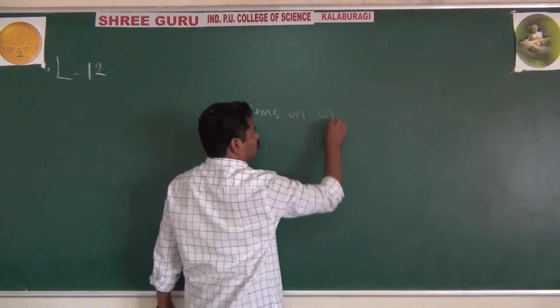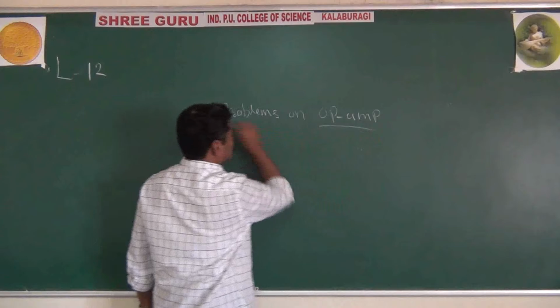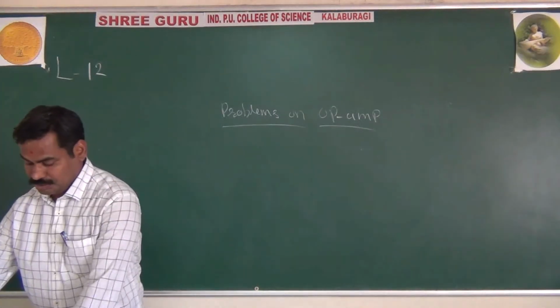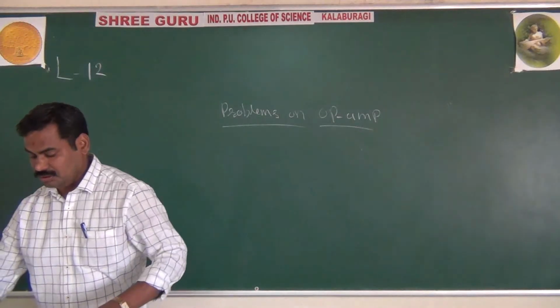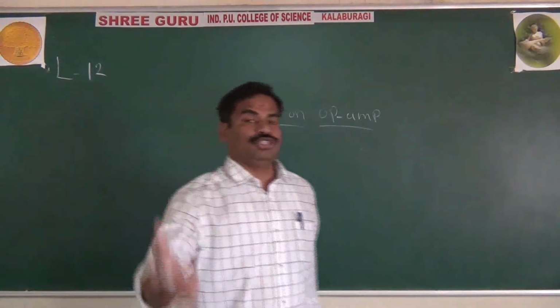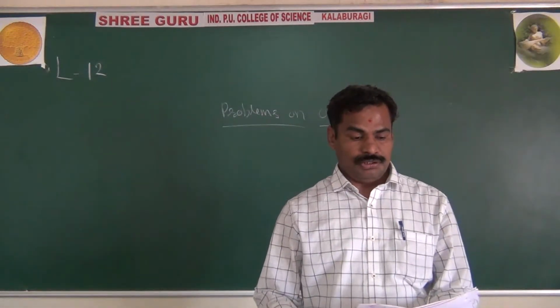We will solve one or two problems, and especially take the problems which were asked in your question papers, the type of question they ask every year in the annual exam. You take the first important question.